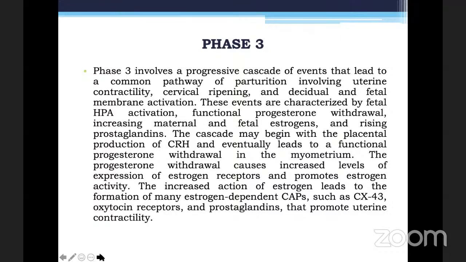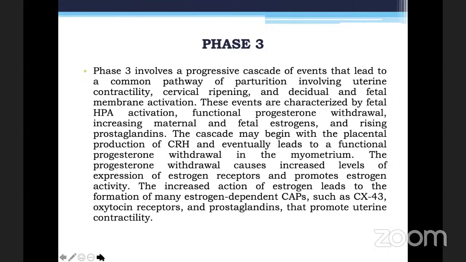The cascade may begin when the placental production of CRH eventually leads to a functional progesterone withdrawal in the myometrium. The progesterone withdrawal would cause increased expression of estrogen receptors and promote estrogen activity. This would further lead to the formation of many estrogen-dependent genes such as Cx43, oxytocin receptors, and prostaglandins that would promote uterine contractility.